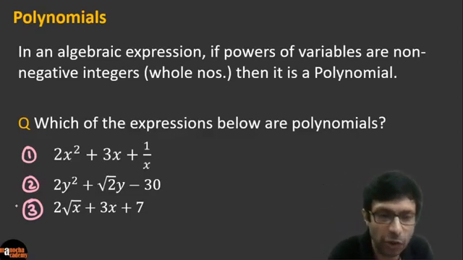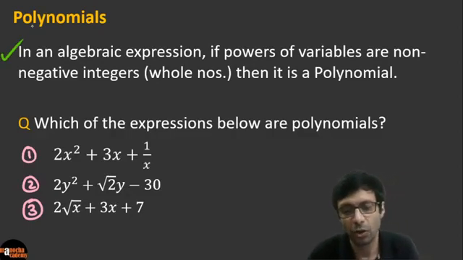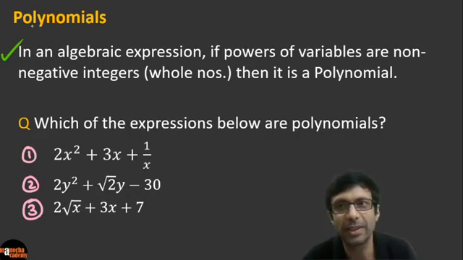I have the definition up here for you. All of you can see the definition here, right? Take a careful look and tell me, what do you think are polynomials? Okay, some people are saying 2, 1 and 3. Some are saying 3. Take a careful look guys. Remember, the powers of the variables need to be non-negative integers, whole numbers.